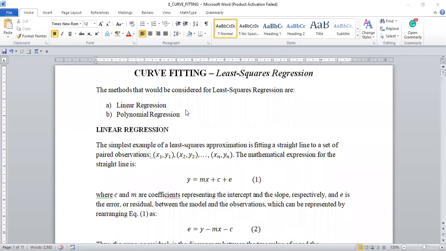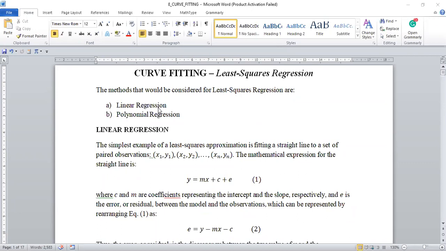So basically what this topic is all about is that when you are given a set of data points, you can fit a curve around the data in order to describe the general trend of the data.